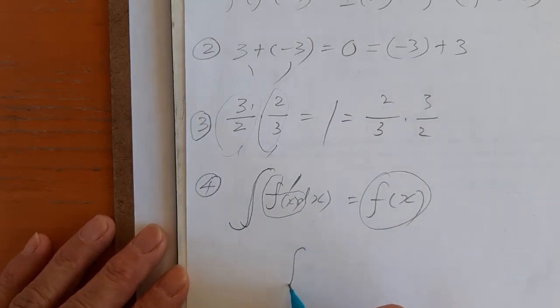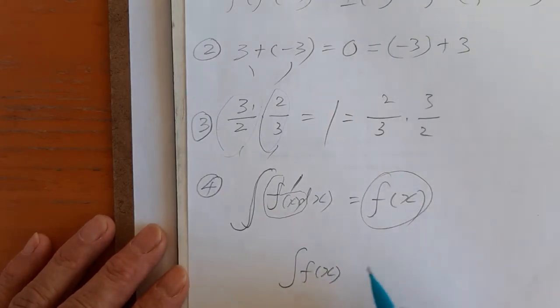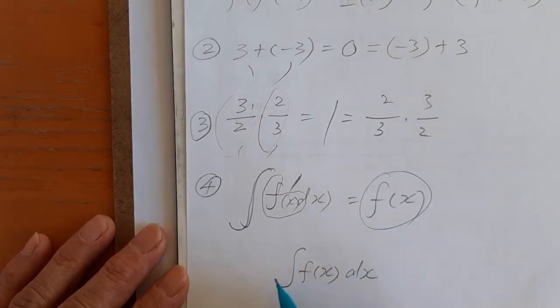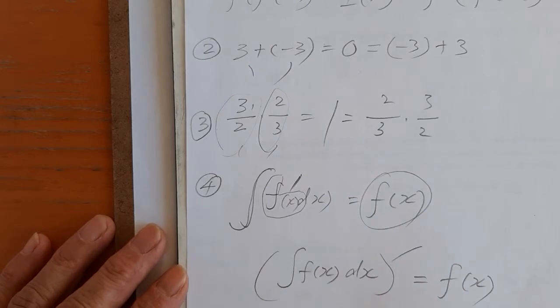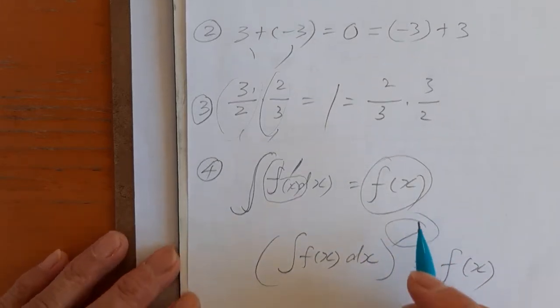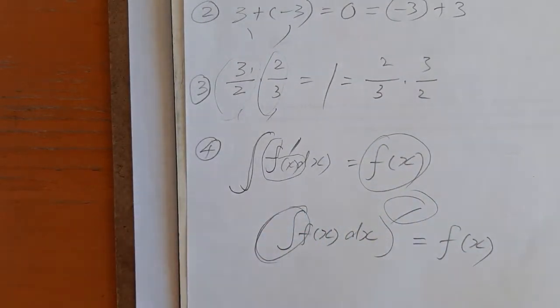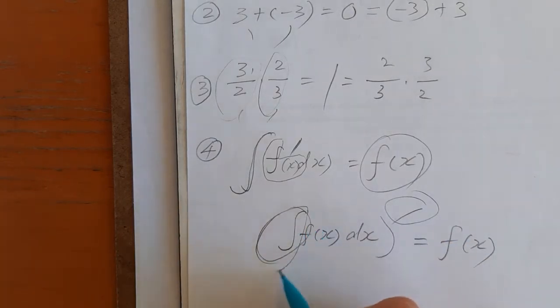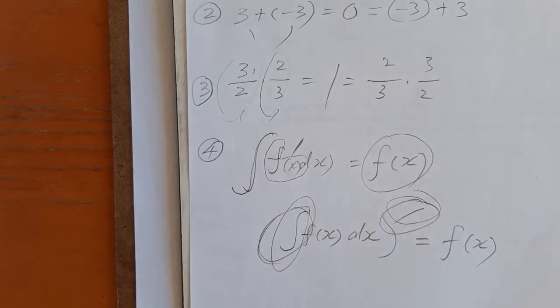If f of x takes integral and then takes derivative, it is still f of x. So derivative and integral are inverse operations. So we call the integral the antiderivative.